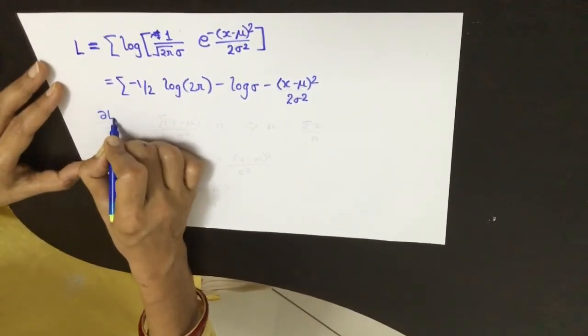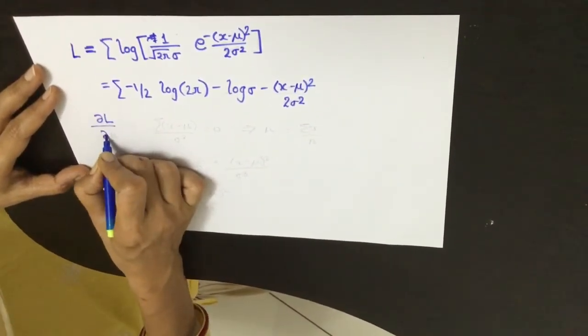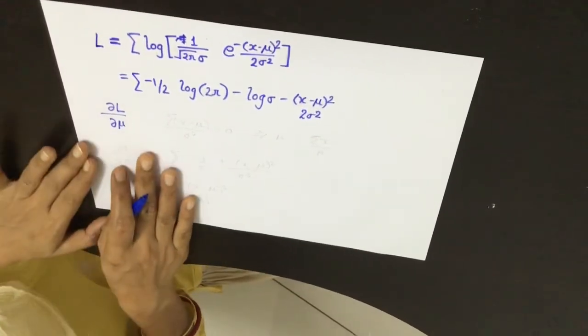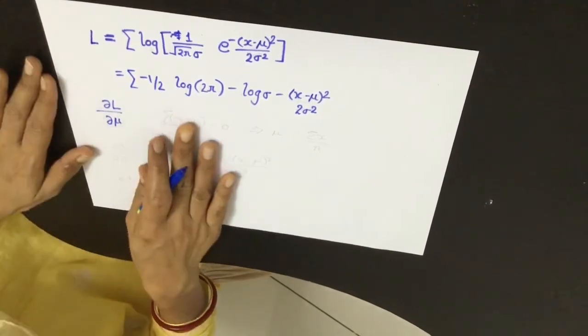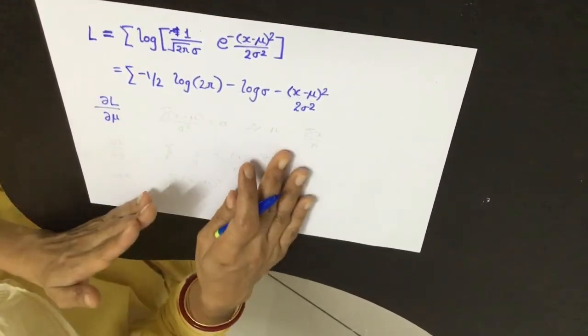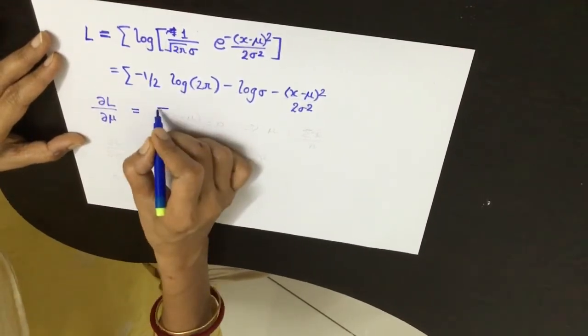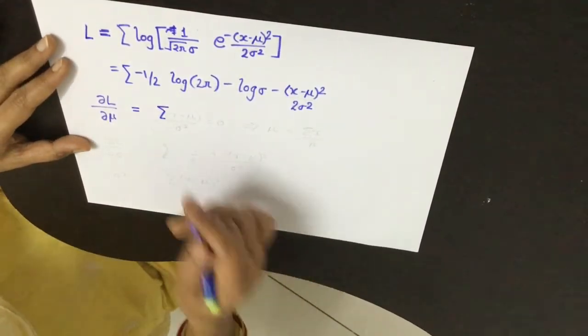Now we want to differentiate this log likelihood by mu and then by sigma, because these are the two unknown parameters, and by differentiating and equating to 0, that is finding the extremes, we will get the values.